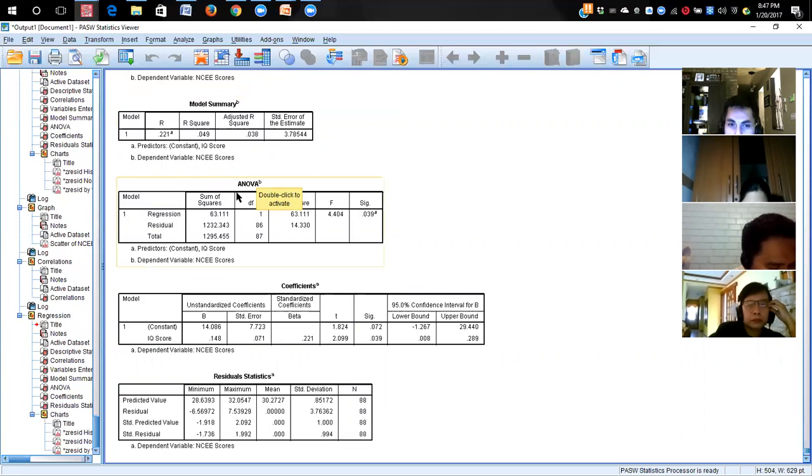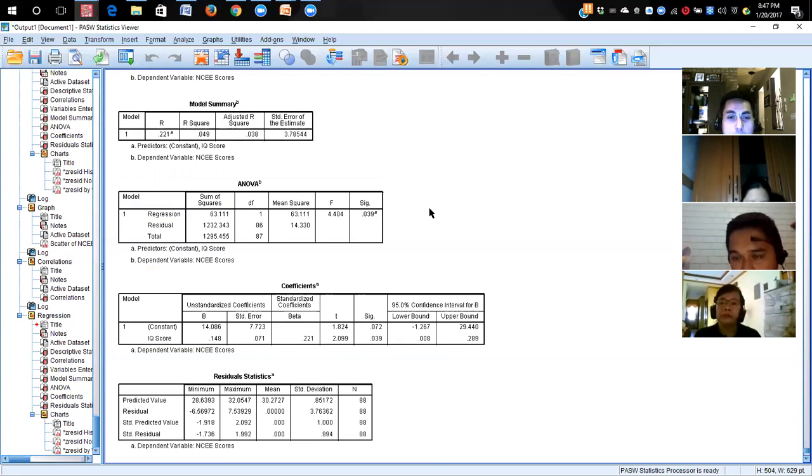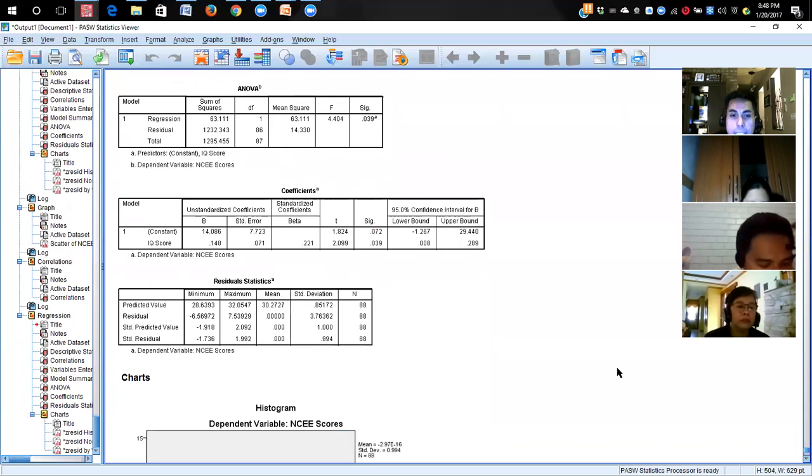I'm not going to tell them that the ANOVA has the same statistical significance, 0.039, that I got in my simple correlations, because that's not what regression is all about. What regression is all about are coefficients. So let's really understand this part of the SPSS output, the coefficients.